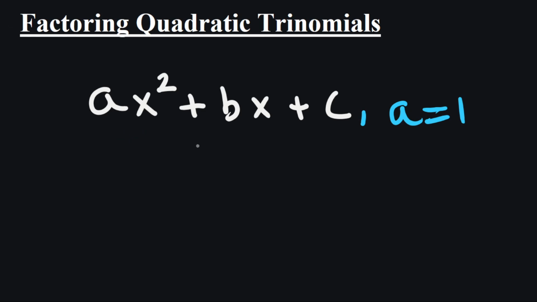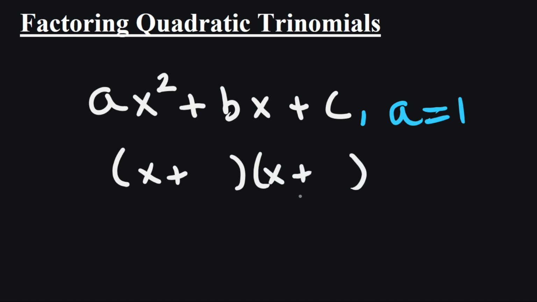So let's talk about how to factor this. Basically, we want to find two numbers. So let's set up two sets of parentheses, and they're both going to have an x plus, and the two numbers are going to be m and n.